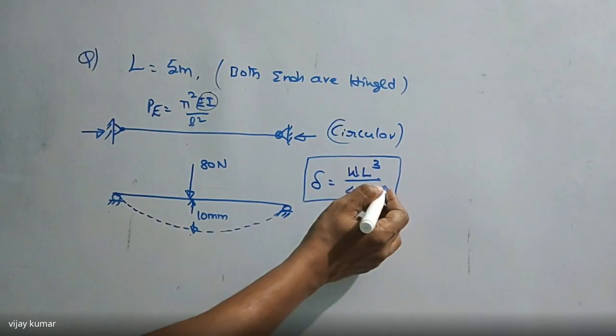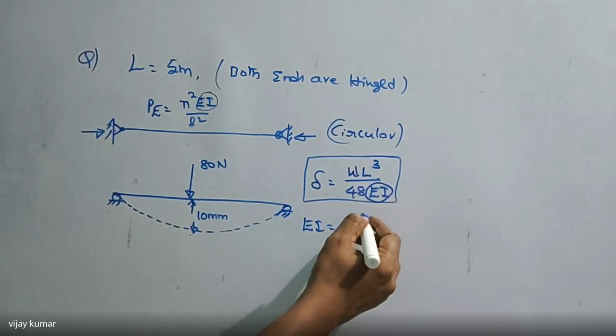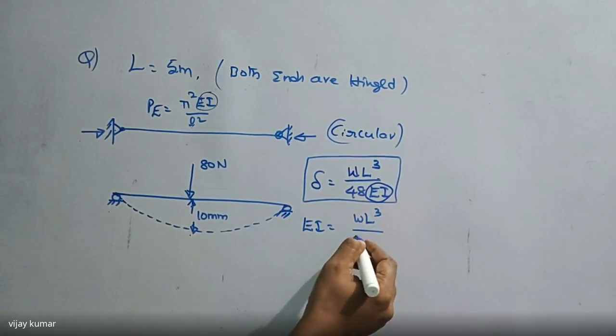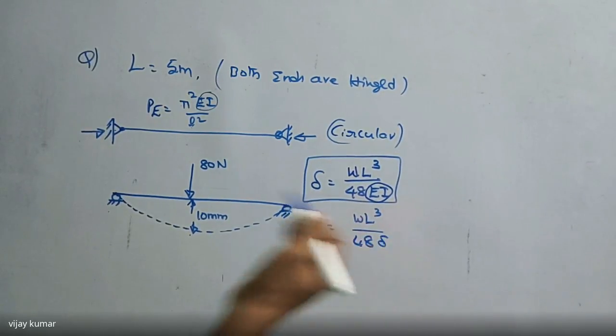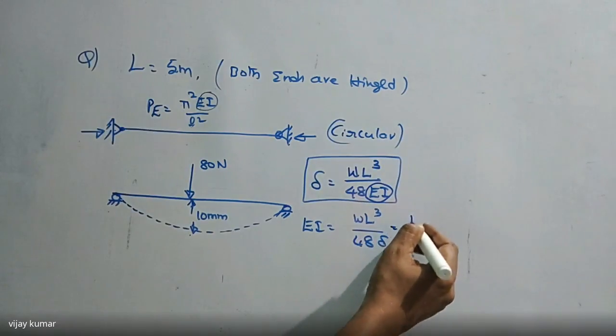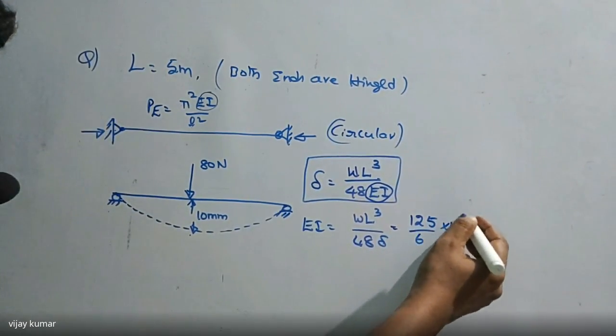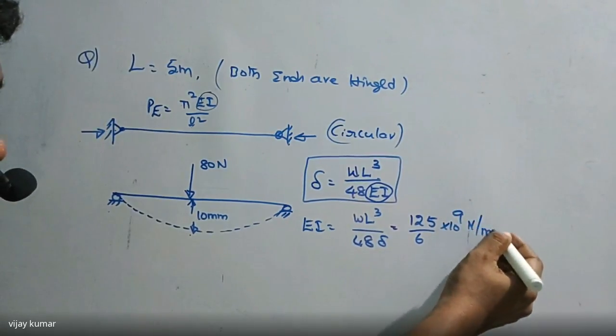Now from this, I want to find the EI value. EI is equal to WL power 3 divided by 48 times delta. Then I'm getting 125 divided by 6 into 10 to the power of 9 Newton per mm square.